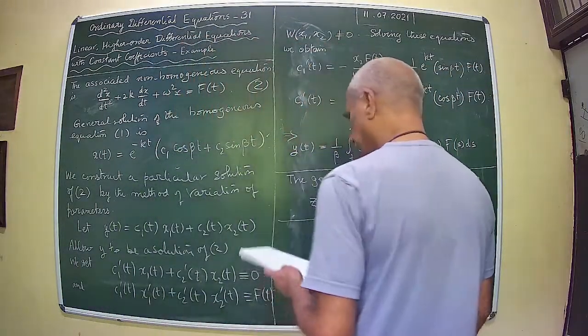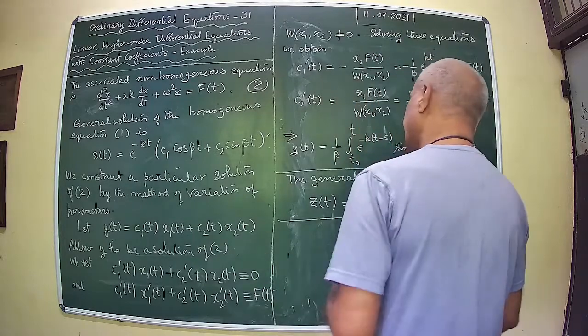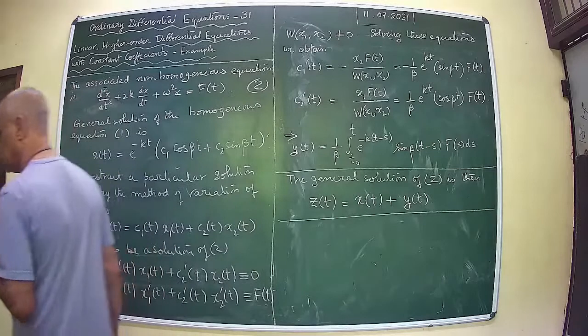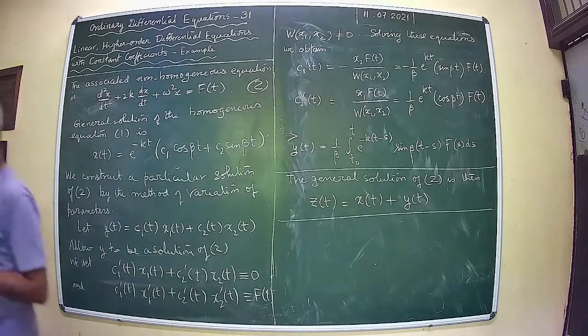Okay, right. So that's the method of variation of parameters. It also demonstrates several things in the process.